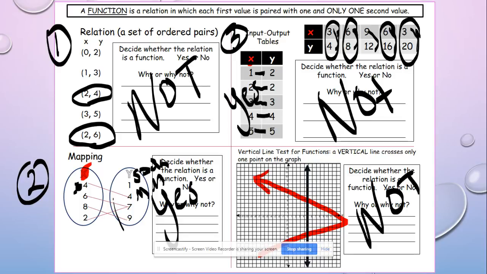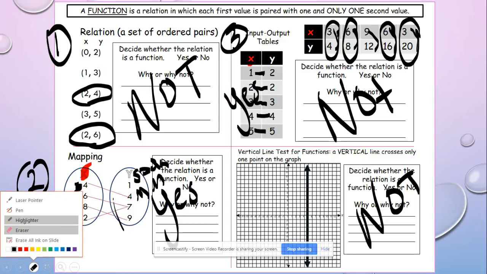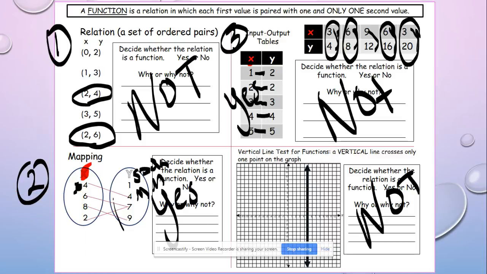This is not a function because the vertical line is touching here and here, which makes it not a function. Let's look at one more. This time, I've drawn a linear function, a line. This is a function because the vertical line is only touching it in one spot.